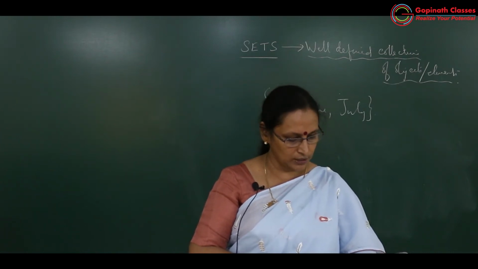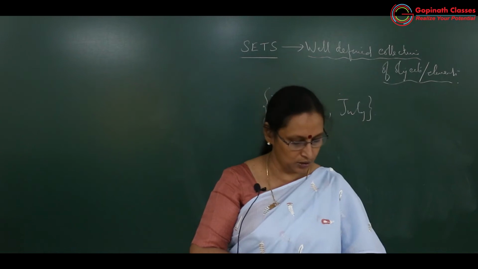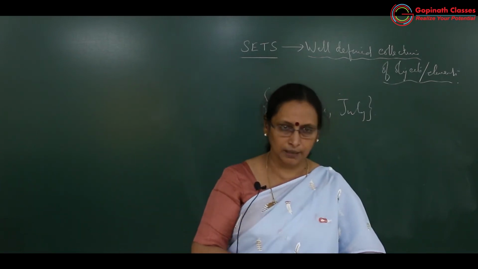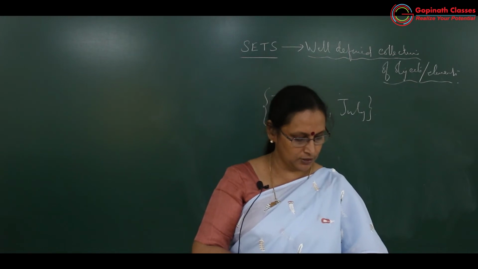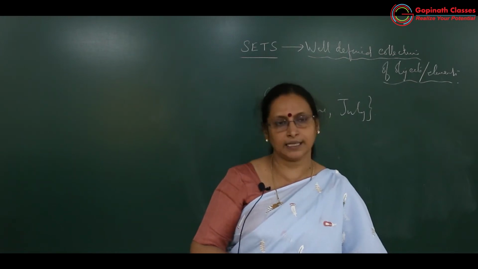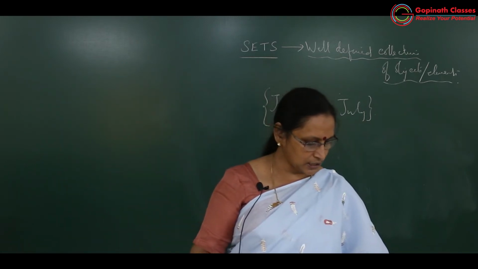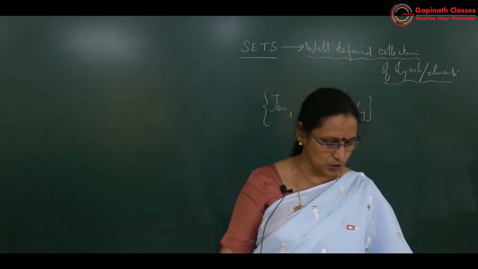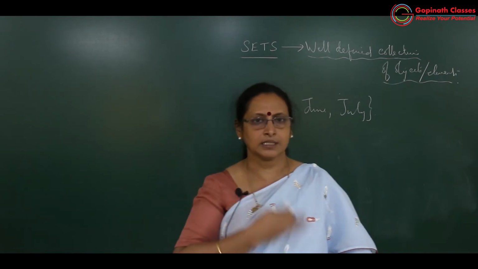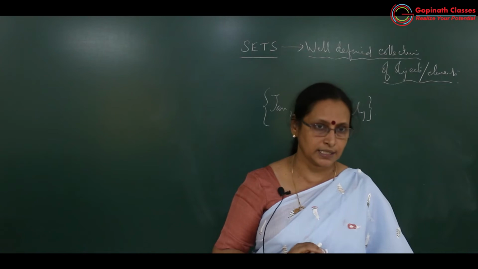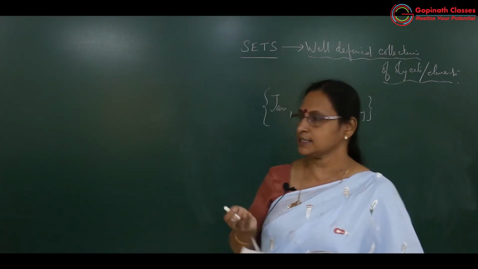The third one is the collection of all boys in your class, obviously, write the names of all boys, it is becoming a set. Fifth, the collection of all natural numbers less than 100, obviously 1, 2, 3 up to 99. A collection of novels written by the writer Munshi Premchand, yes, obviously, all of his novels, it is a set. The collection of all even integers, yes, though it is infinite, it is a set.